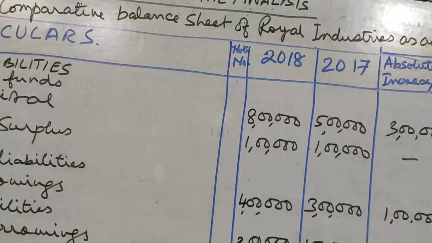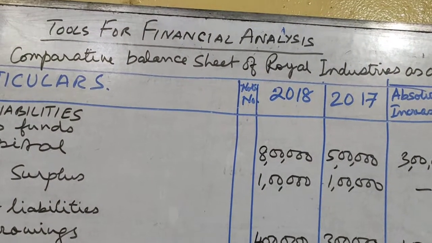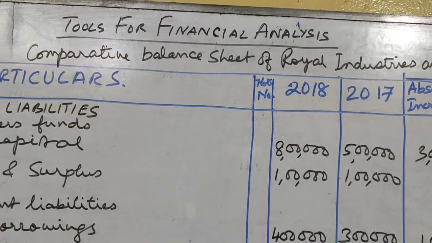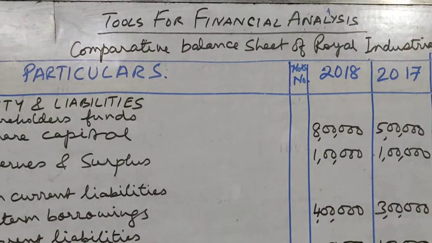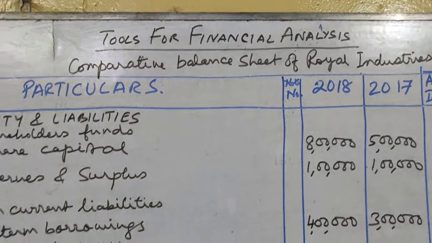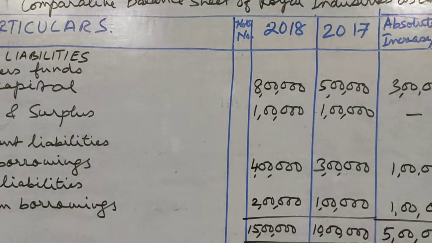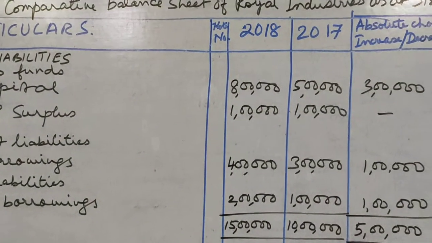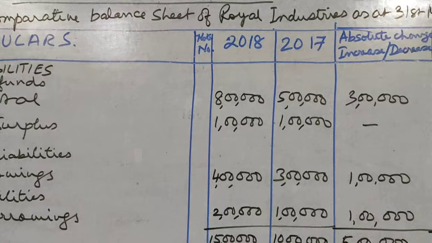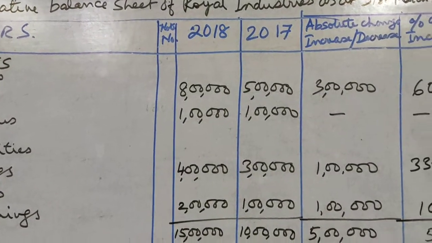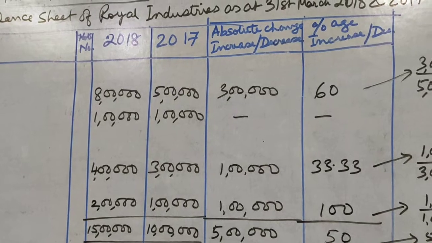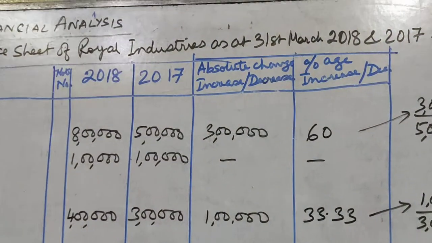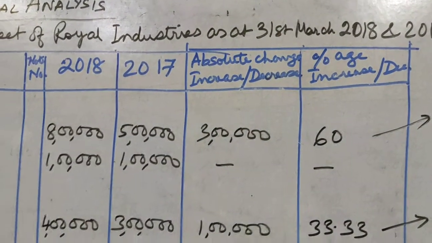Now in these comparative statements, this is one of the easiest topics which is there in the syllabus. Here what we do is that we compare the values of 2 consecutive years, and then find out their absolute increase and decrease, and again we find out their percentage increase or decrease.